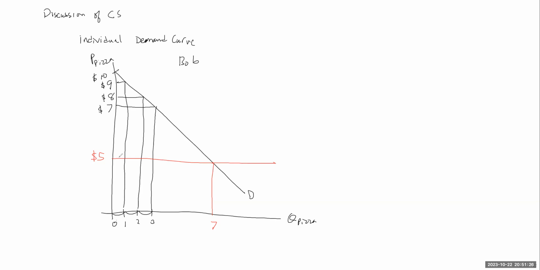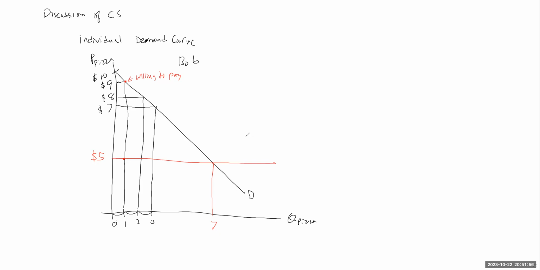Remember, for that first slice, he was willing to pay up to $9, but he only paid $5. This was his willingness to pay. Why was he willing to pay up to $9? Because that's how he valued it given his demand curve.